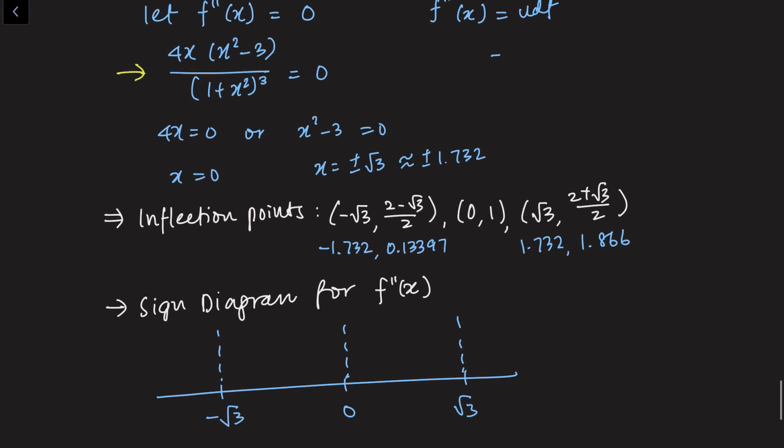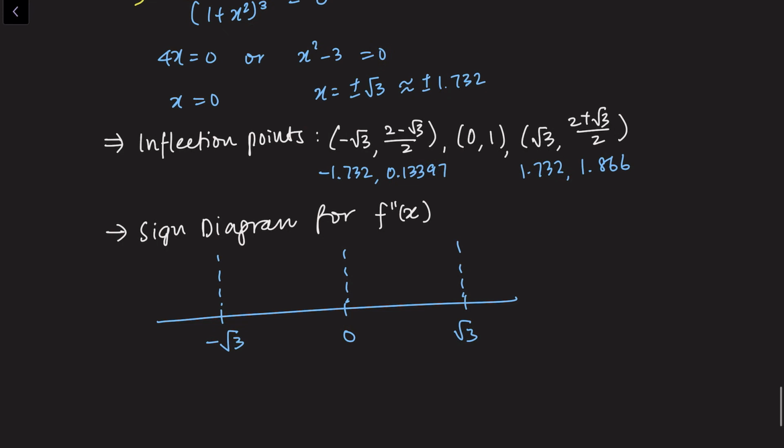So I just take negative 10, then negative 10 squared minus 3, 1 plus cube. It's a negative value here, so it is concave down.